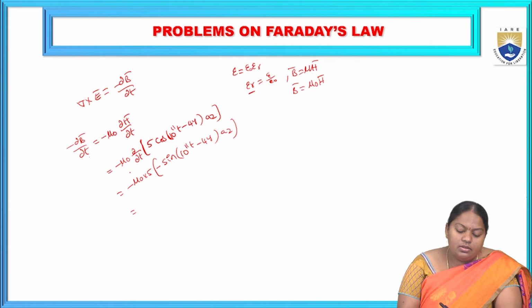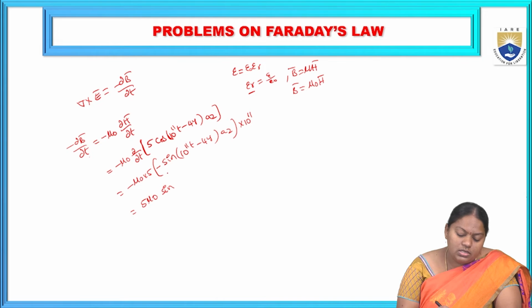Okay, so already in the formula itself we have a negative, and this minus is multiplied, so it becomes positive. Then 5 mu naught into sine, and the extra factor multiplied is omega, that is 10^11.